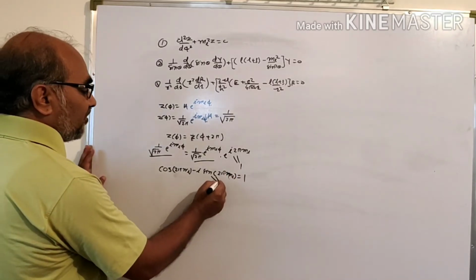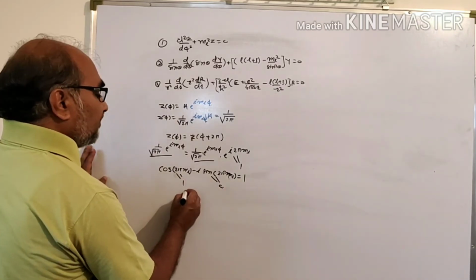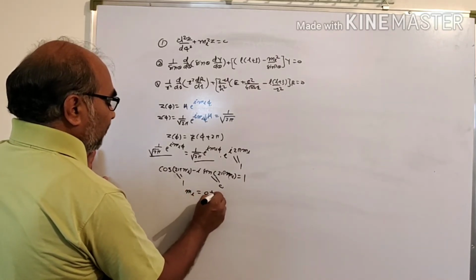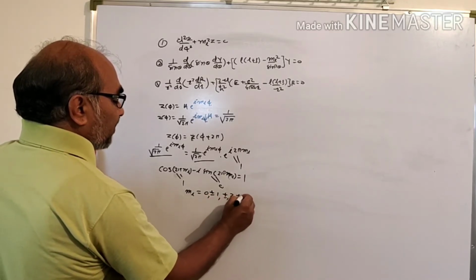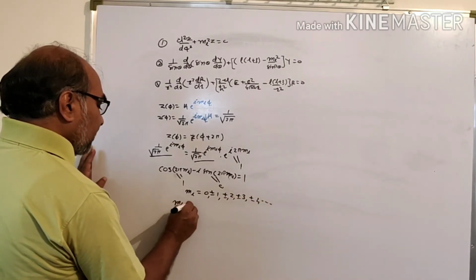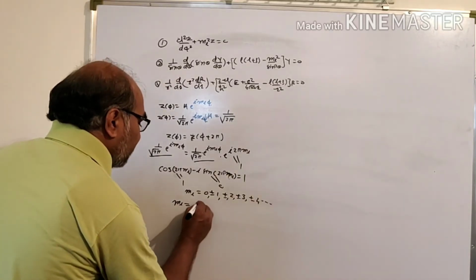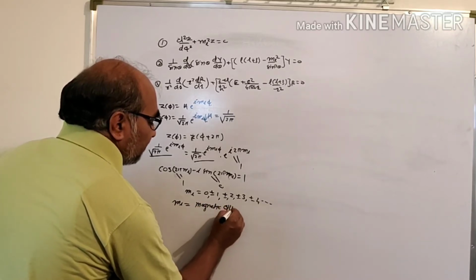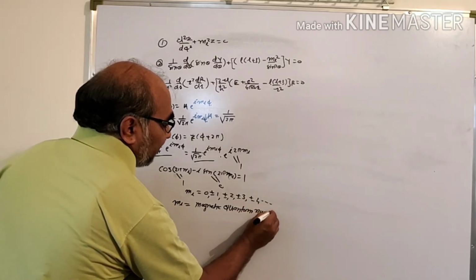Therefore the sine term is 0 and the cosine term is 1. This is possible for ml equal to 0, plus minus 1, plus minus 2, plus minus 3, plus minus 4, and so on. And this ml is called the magnetic quantum number.